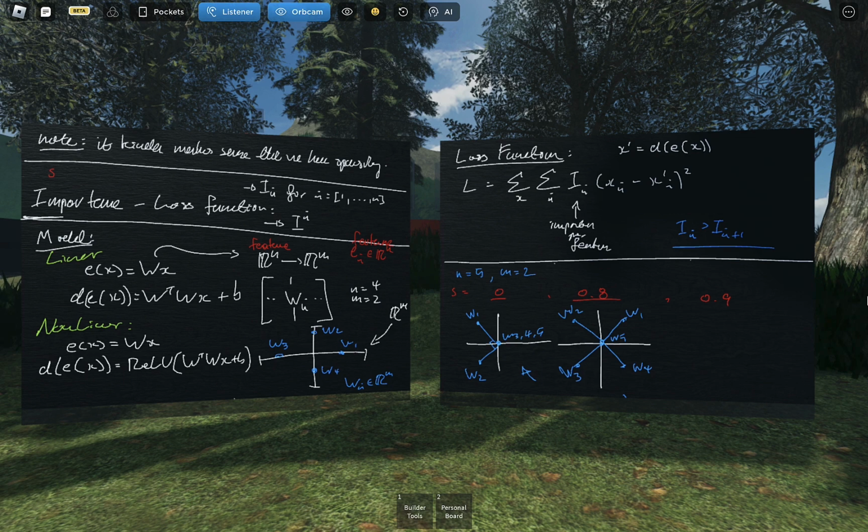Now I'll draw the last one, which is maybe the most interesting. For an even higher sparsity, we get all of the features being represented, or encoded in some way. It looks like a pentagon.